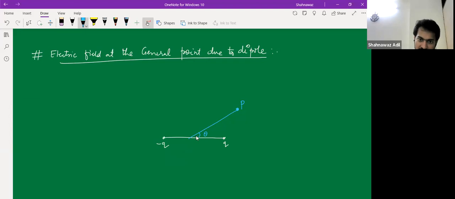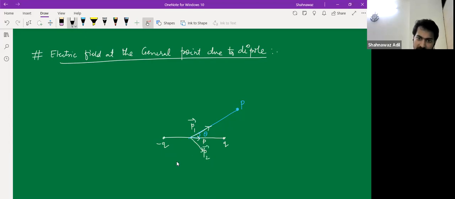Yes, sir. So what I will do is that I have this dipole moment, which is in this direction. I will break this dipole into two parts, one would be this P1 and the other one is this P2.